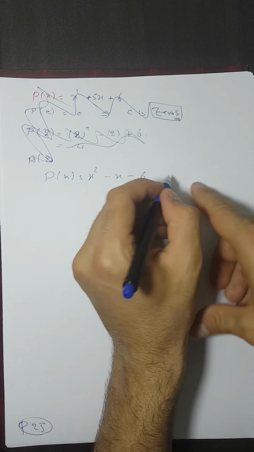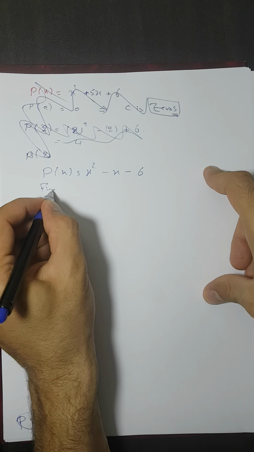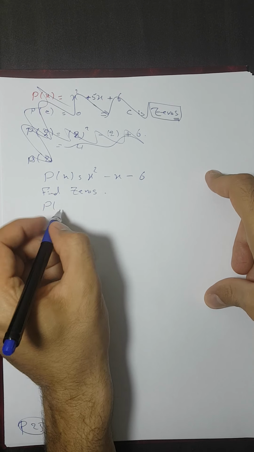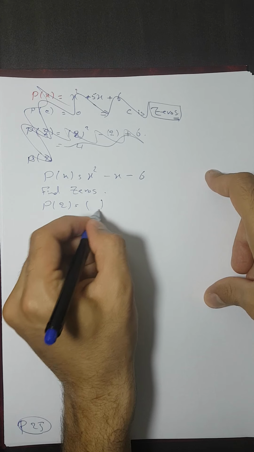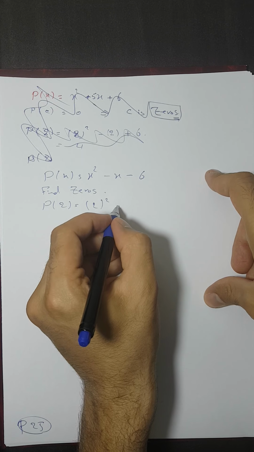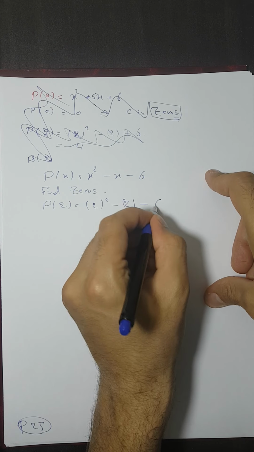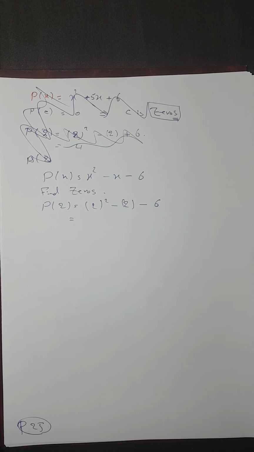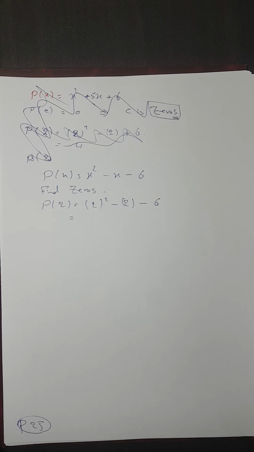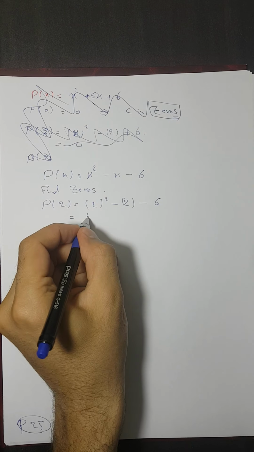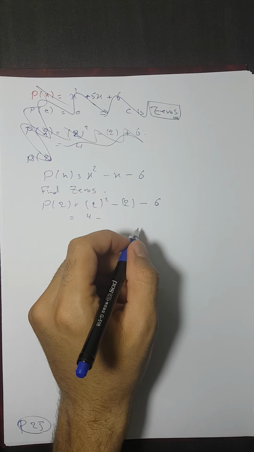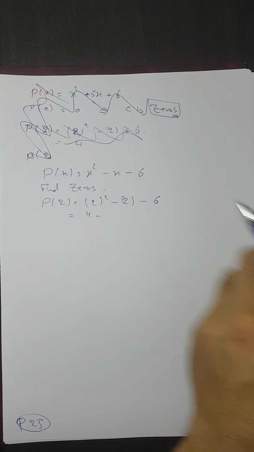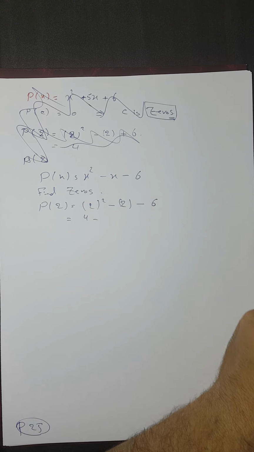Now I'm going to find the zeros. If I put, for example, 2, I get 2 squared, we substitute here, minus 2 minus 6. So I get what? 4 minus... Okay, I need more work, sorry, give me 1 minute.